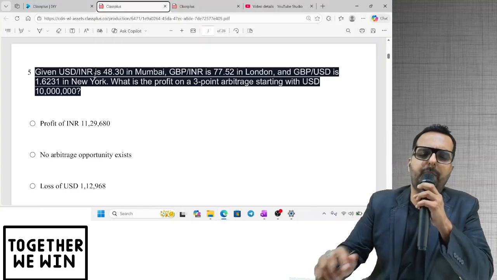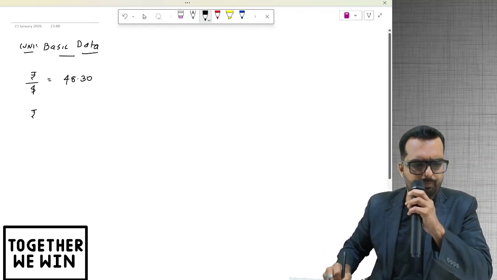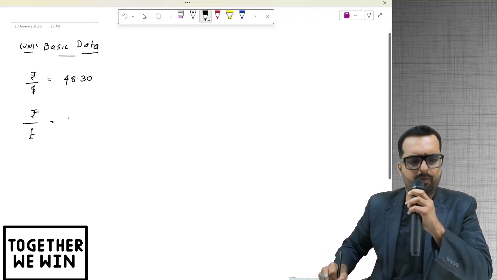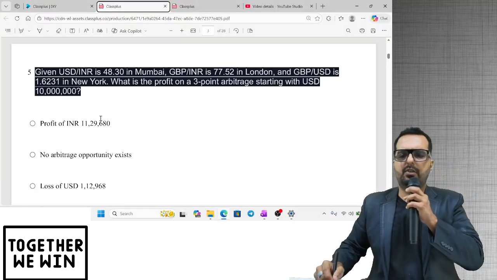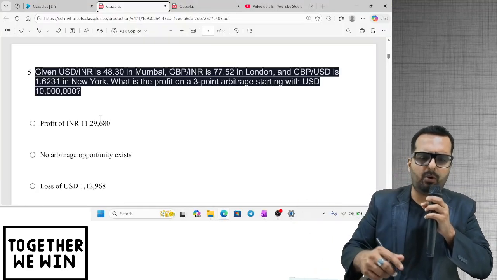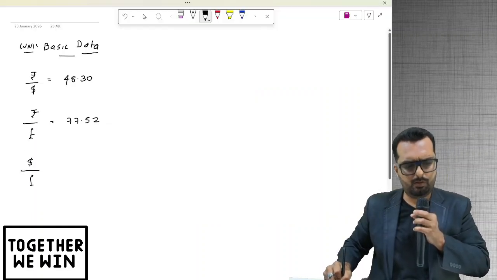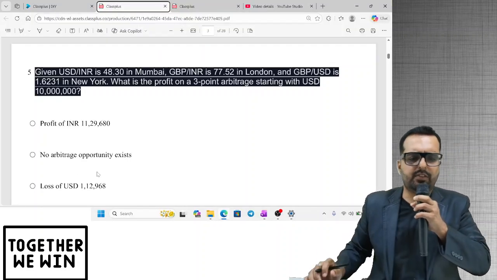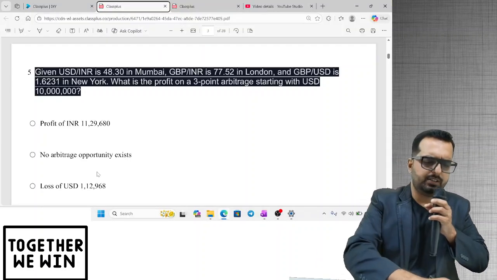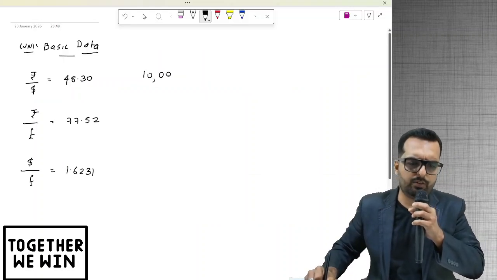You have rupee per pound as 77.52. Then you have dollar per pound as 1.6231. Now they are asking you, how do you make an arbitrage in this situation if you are having 10 lakh dollars? Friends, I'll show you how that works.